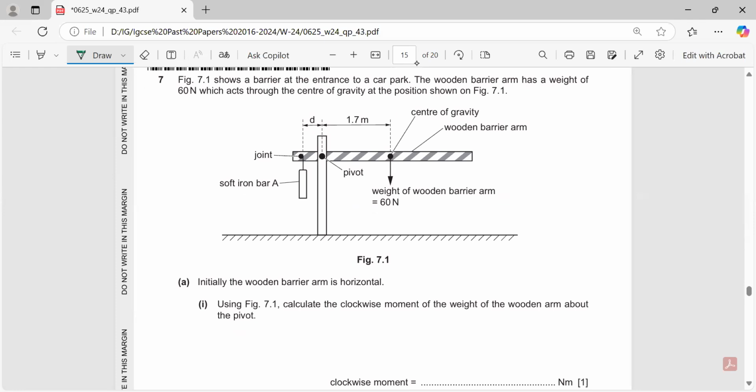Figure 7.1 shows a barrier at the entrance of a car park, and you know this sort of stuff is always there in underground parkings. So the wooden barrier arm has a weight of 60 Newton, which acts through the center of gravity at the position shown in the figure. So this is already at the center of gravity.